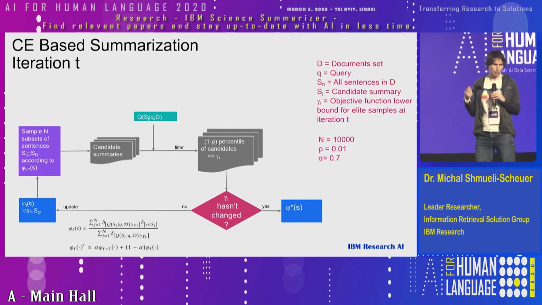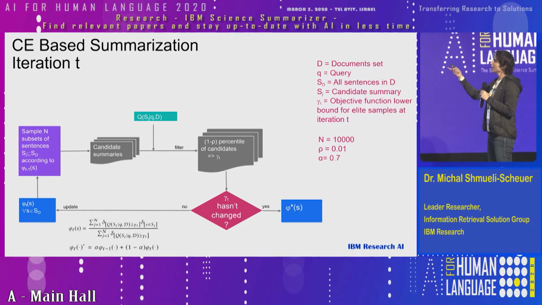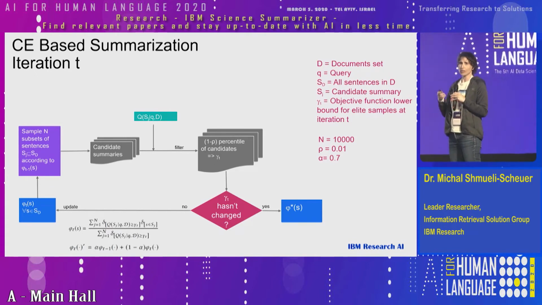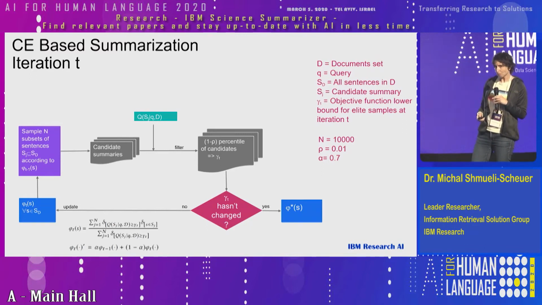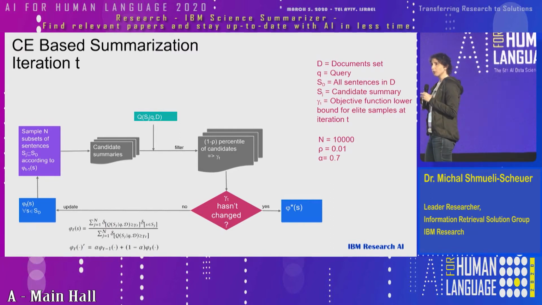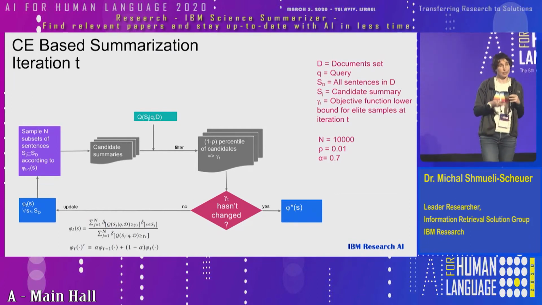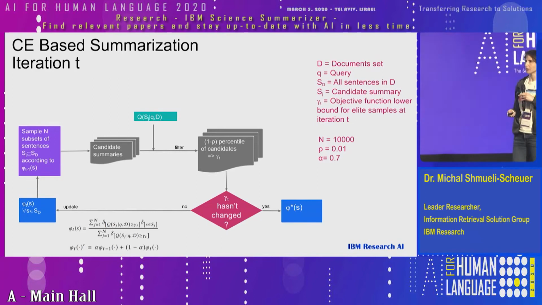Okay, so how is it applied in our use case? In our use case, the text units are sentences. Assume we have a section with 100 sentences. At the beginning, each one has a probability of 0.01 to be chosen. Let's assume that I want to create a summary of 10 sentences. So I randomly generate 10,000 summaries with a uniform distribution.